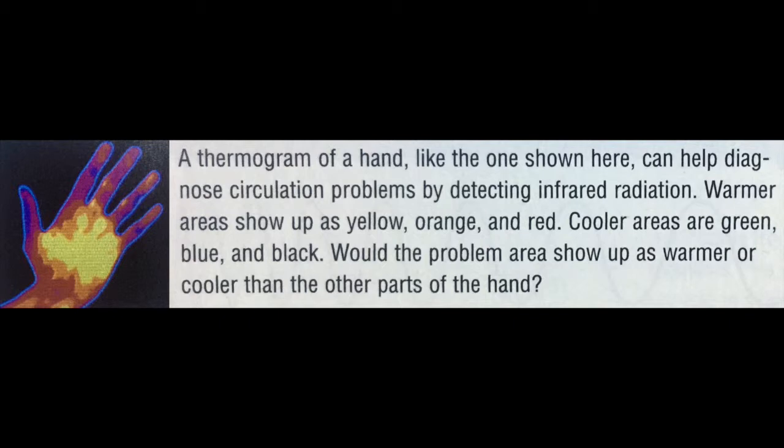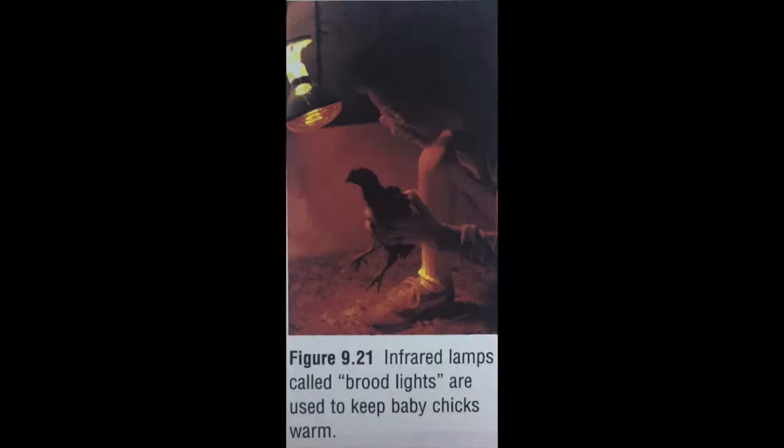Cooler areas are green, blue, and black. Would the problem area show up as warmer or cooler than the other parts of the hand? You see the fingers look very cold, don't they? Figure 9.21, infrared lamps called brood lamps or brood lights are used to keep baby chicks warm.